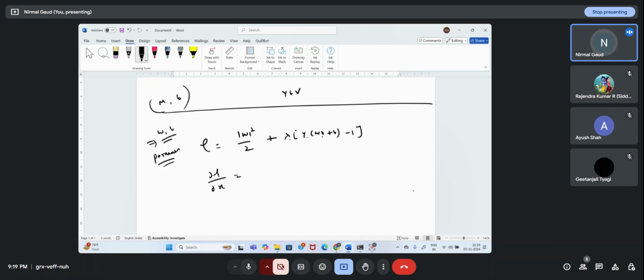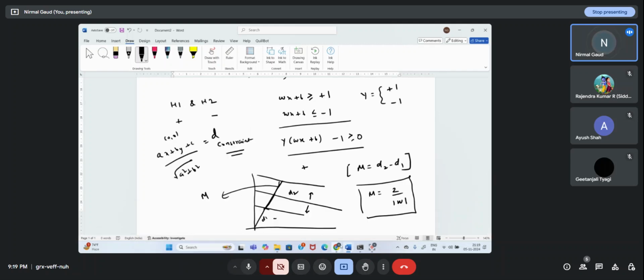There also we differentiated the cost function by del M and del B. So why shouldn't we here? So we have to differentiate with W, del L by del W, then del L by del B, and then del L by del lambda. So if I have told you previously about X and Y, kindly reconsider it and convert it into this. Because W and B are our parameters, X and Y are the variables.